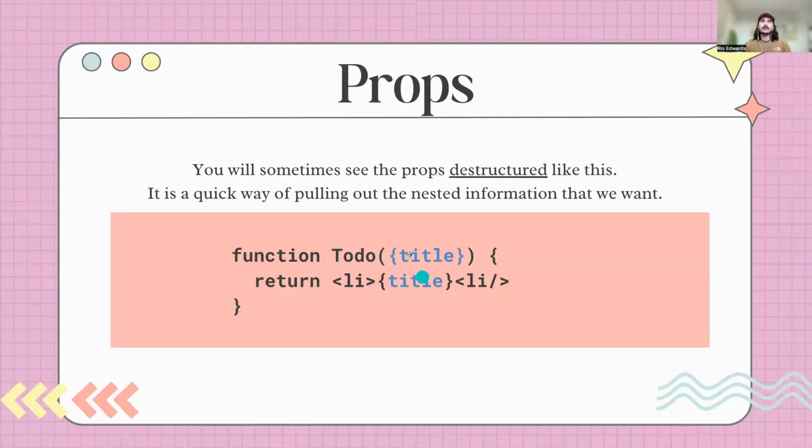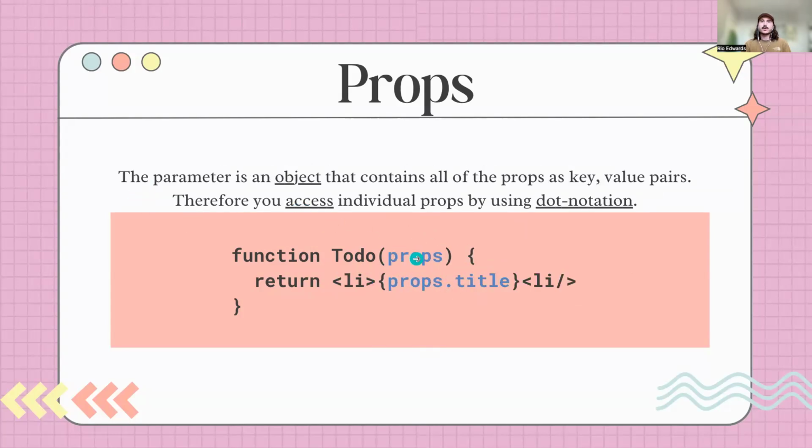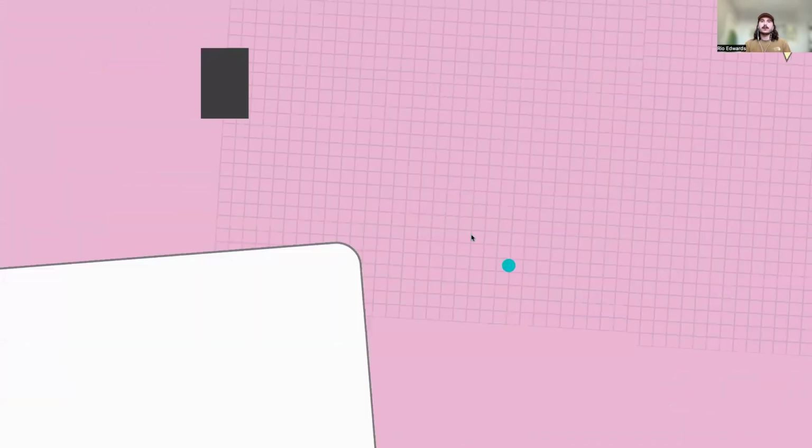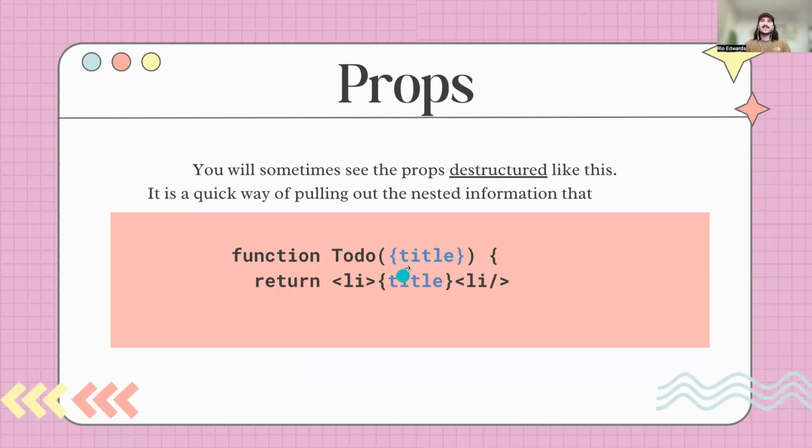So this is creating a new variable that is a property of that whole props object. And this is just a cleaner syntax. You'll see both ways though. You'll see this way too.